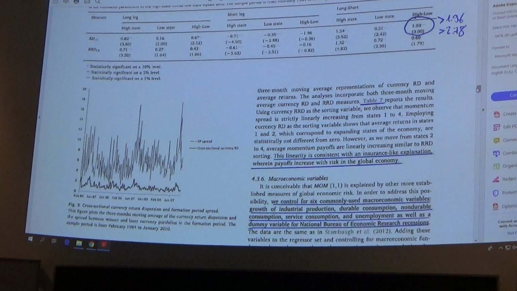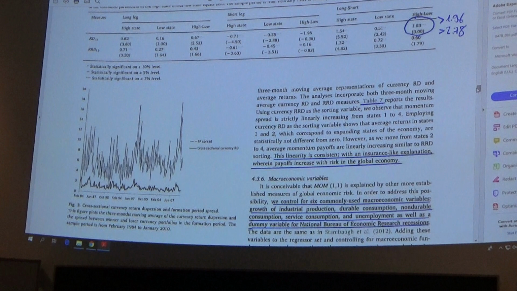Because those currencies that have performed very well in the past tend to perform well also next period, and vice versa. Currencies that have performed very poorly last month tend to underperform. So one might argue, okay, maybe the payoff of momentum is just, or our results are driven by the formation period spread.